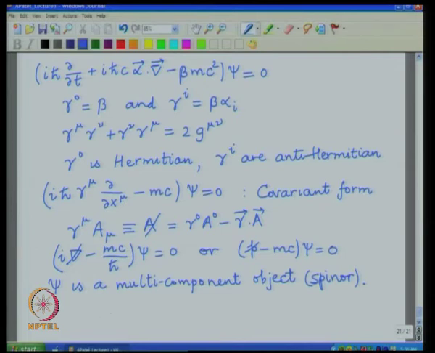I introduced an analogous notation in discussing the Klein-Gordon equation, which is taken by putting a bar on top of the spinor wave function, and that is to define this object psi bar is equivalent to psi dagger gamma 0, and this extra gamma 0, once we take a Hermitian conjugate, takes care of the extra sign which appears for the anti-Hermiticity of gamma I, because this gamma 0 will anti-commute with gamma I.